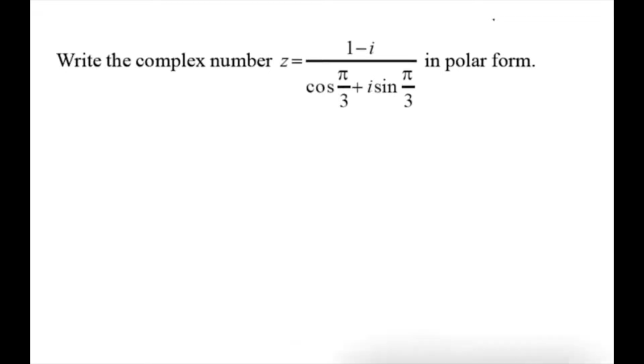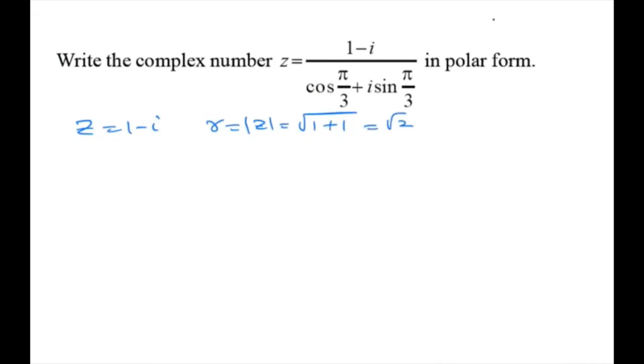Now consider this problem. Write the complex number z equal to 1 minus I upon cos of pi by 3 plus I sin of pi by 3 in the polar form. So first we shall write 1 minus I in the polar form. Z equal to 1 minus I. The modulus of Z is root of 1 square plus 1 square, that is root 2.